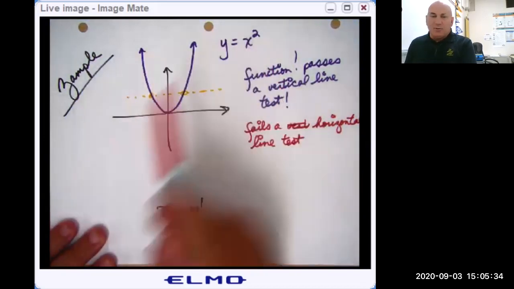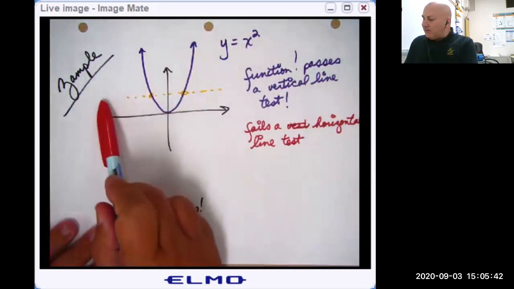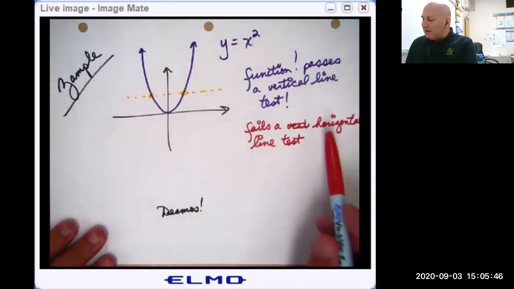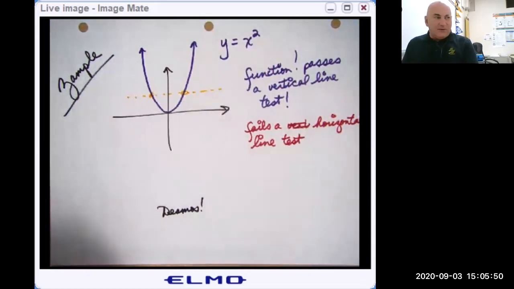Well, also it's a parabola, so it's a polynomial, so it's automatically a function. But you'll notice that it fails the horizontal line test, which means that its inverse is not a function. Let's take a look at Desmos again and see what we mean by that.